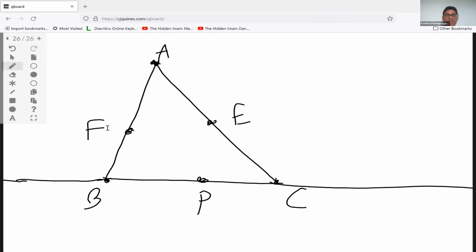So we let E and F be such that PC equals PE, PB equals PF, and we want to show that circle AEF passes through a fixed point.